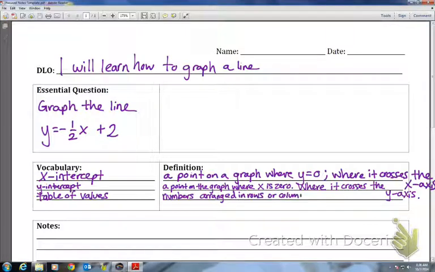And all that this does is that it helps us keep information organized in one neat place. We're going to use it to help us graph a line today by creating a table of values. So these are the 3 vocabulary words that are going to be important for you to remember for today. So go ahead and pause the video if you need to continue writing those down, and then we'll go down to the notes section.